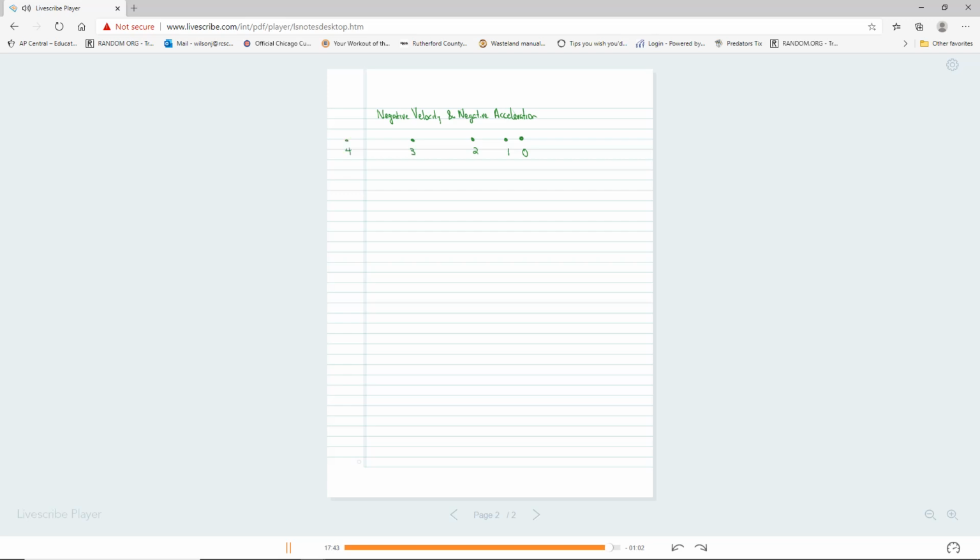So close together, further apart, further apart, further apart. If you want an example from real everyday life, this is backing out of your driveway and hitting the gas.